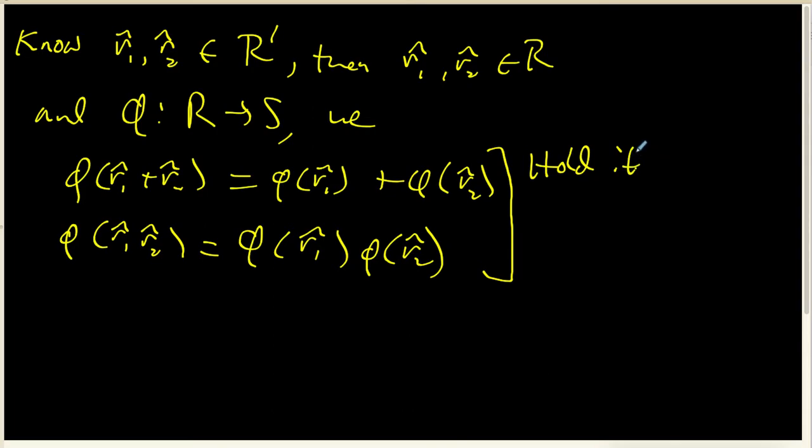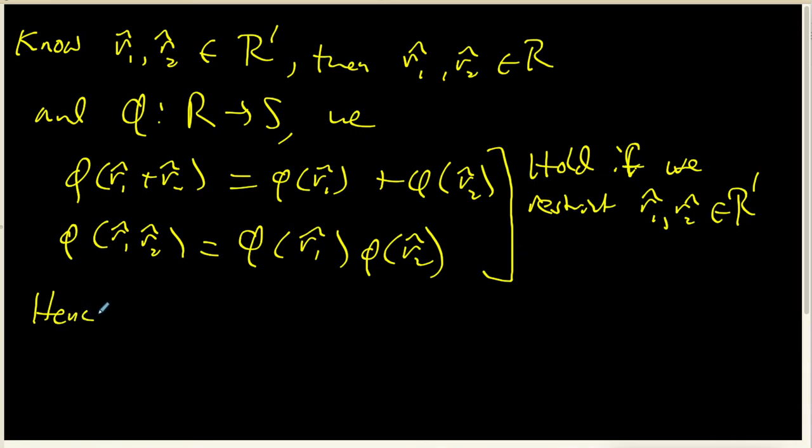But these properties also hold if we simply restrict our attention to R1 and R2 hats that are only pulled from R prime. In other words, the fact that these properties work for any elements of R forces them to work for any elements of R prime.